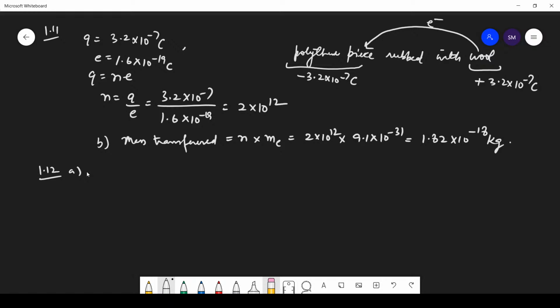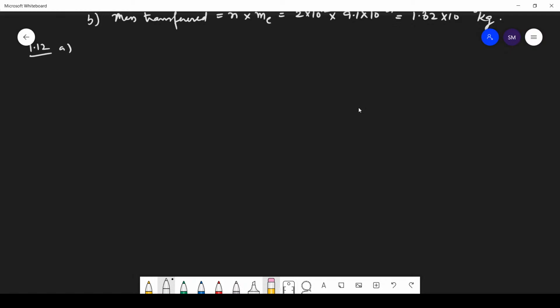So we have two insulated copper spheres, A and B, and their centers are separated by a distance of 50 centimeter, that is 0.5 meter, half a meter.